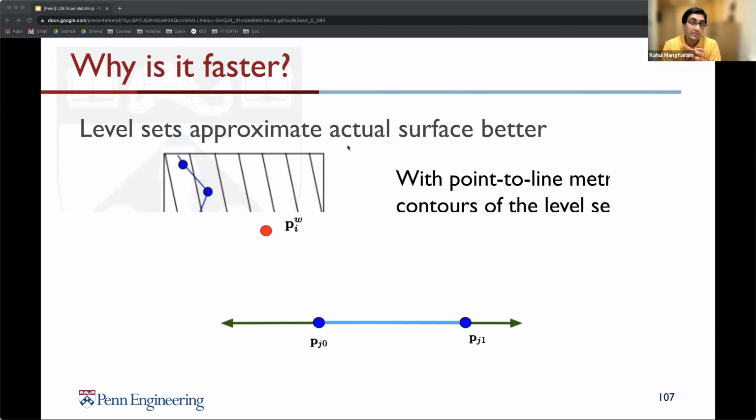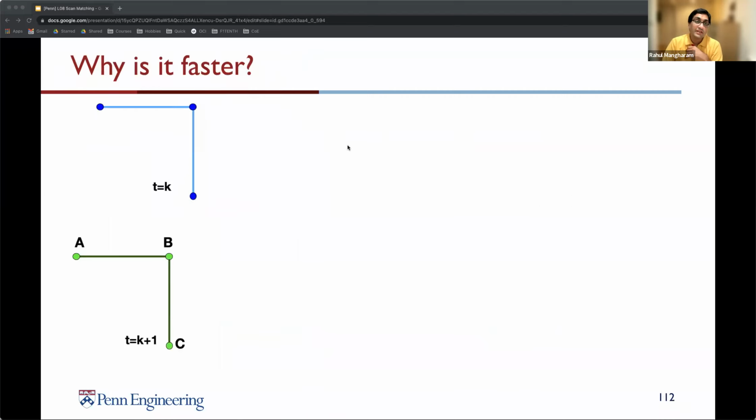In comparison, with the point-to-line metric, the level sets approximate the actual reference surface much better. This in turn means that we have a more accurate approximation of the error, and that results in faster convergence. The second reason why using the point-to-line metric is faster can be explained from the perspective of the space of transforms induced by these metrics.